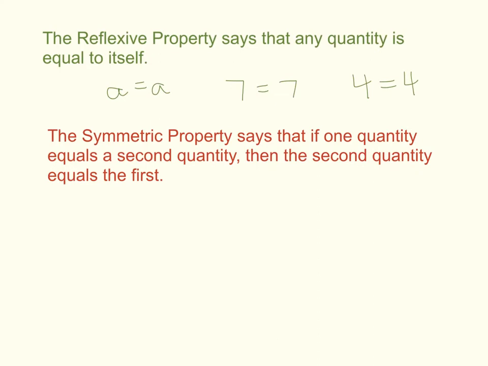The reflexive property says that any quantity is equal to itself. So a is equal to a, 7 is equal to 7, 4 is equal to 4. Pretty logical. The symmetric property says that if one quantity equals a second quantity, then the second quantity equals the first.